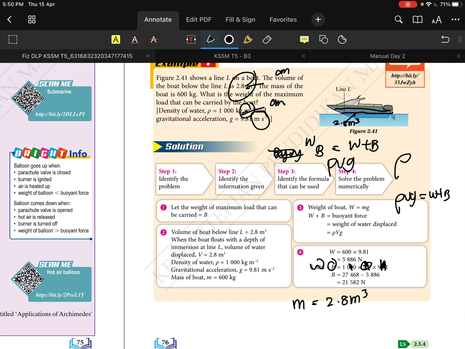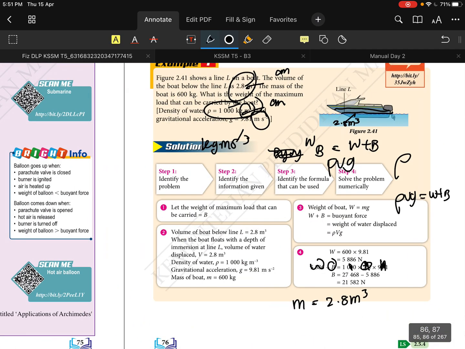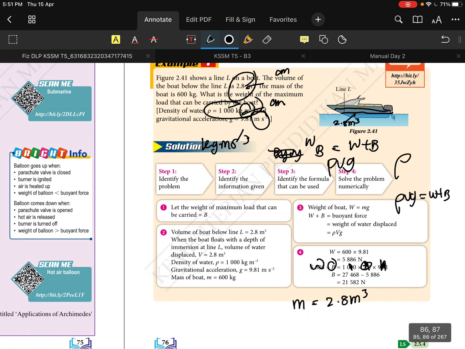I will not try and gamble on that. I do not think that will come out in the exam. I think when they give out the density, it will be in kg m minus 3. So you don't have to worry about finding the pressure in Pascal, because they'll give you the density in meter already. At least I trust the teacher to do so. If not, then you have to do a lot of conversions, and I'm not a big fan of them.